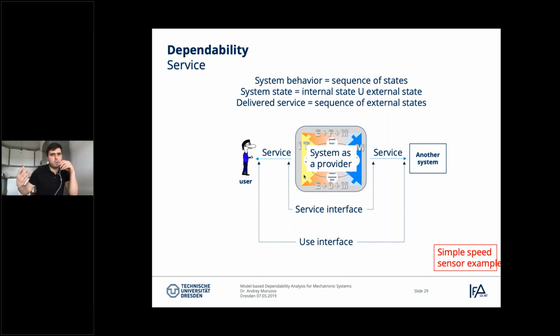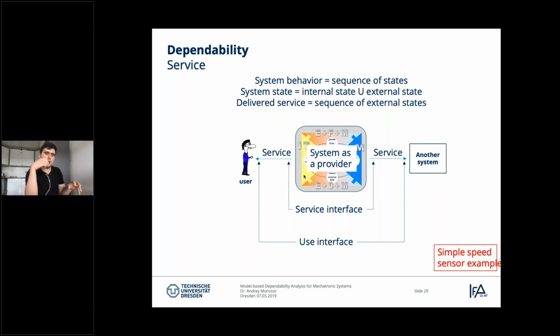Then we multiply it by the radius of the wheel and so on in order to get the speed. And these are internal variables which are stored in our system. The state of these internal variables is the current system state.